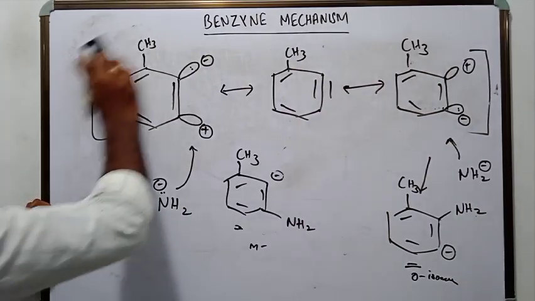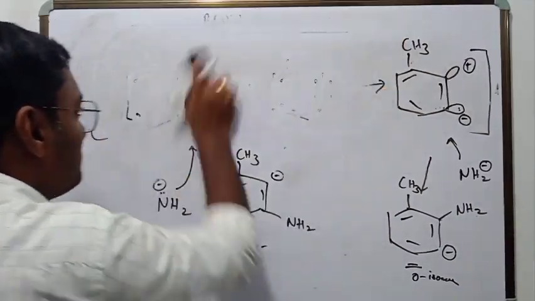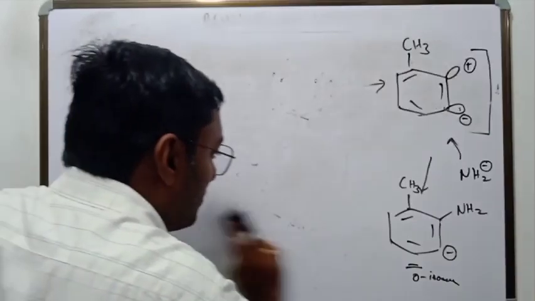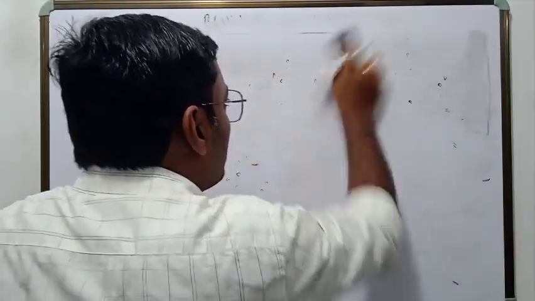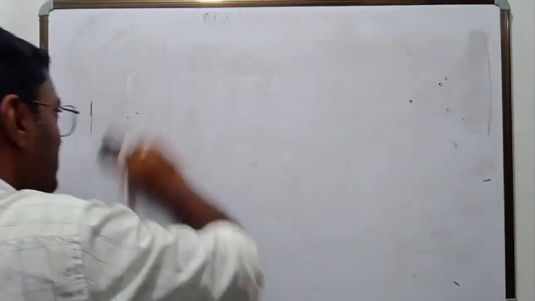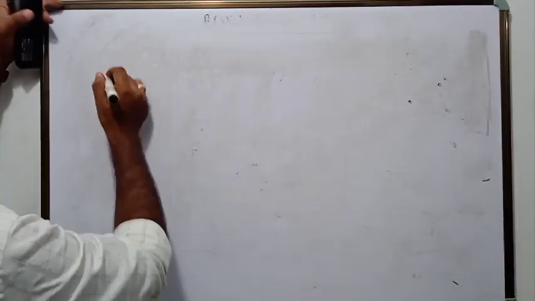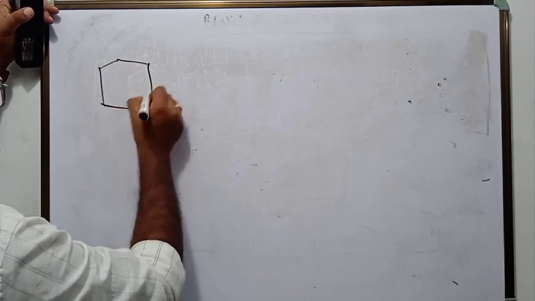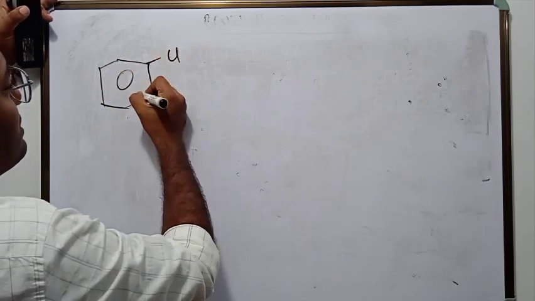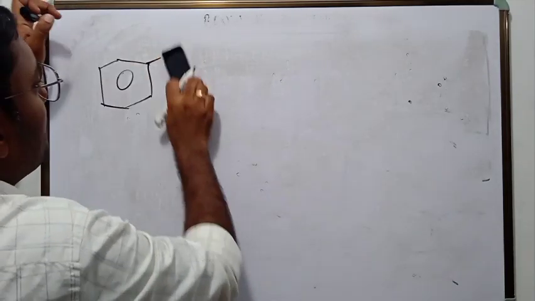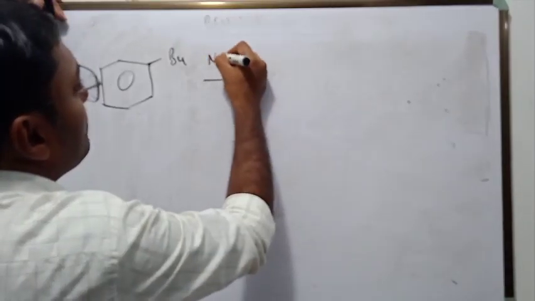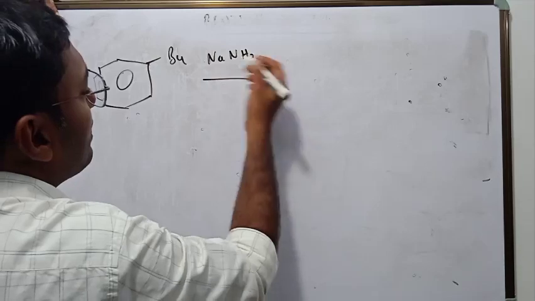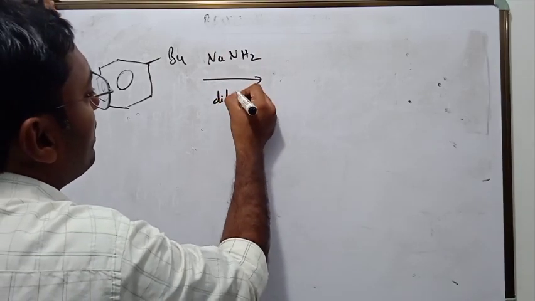Now let us look at the mechanism of this reaction, but before understanding the mechanism, let us once again look at the reaction. So this was the reaction we were talking about. Suppose we are taking bromobenzene here and treating it with sodamide, and we are using dilute ammonia.